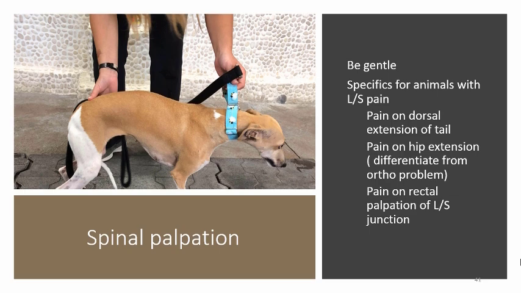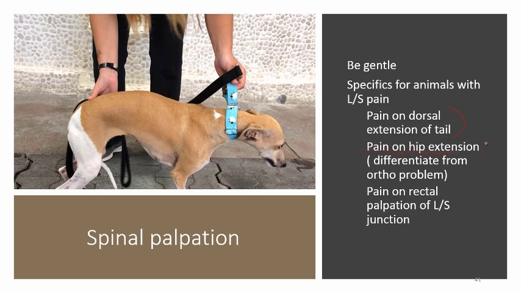So I have listed here some specifics for animals with lumbosacral pain. The reason I have that listed is because this is something that's frequently missed or not diagnosed. If your patient has pain on dorsal extension of the tail, I think we mostly know that could be lumbosacral disease. But what about pain on hip extension? Guess what?